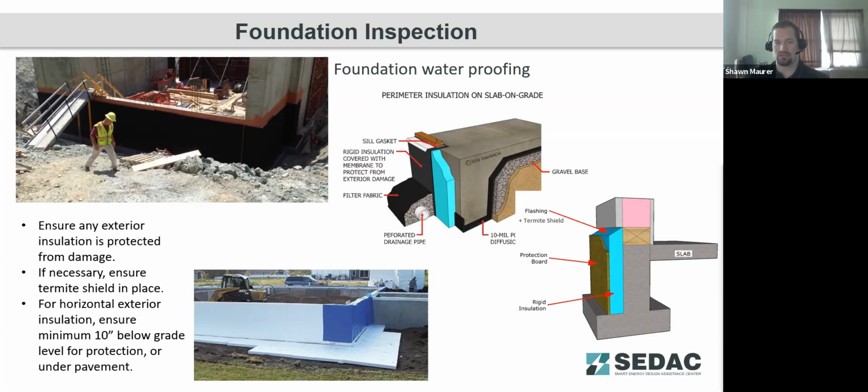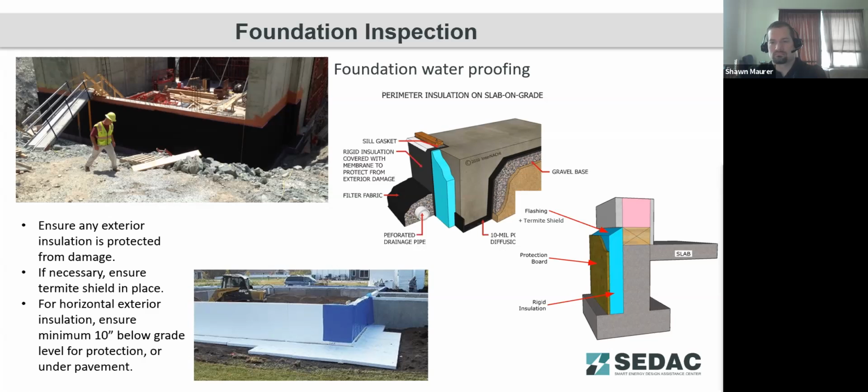Again, for insulation that may be extending horizontally out from the foundation, you're going to need to be checking that it's at least 10 inches below grade to be protected, or that it's underneath a paved surface. And for all of these, proper flashing, termite shields may be important depending on your area, whether you've got termite infestation or not, that's a known issue.